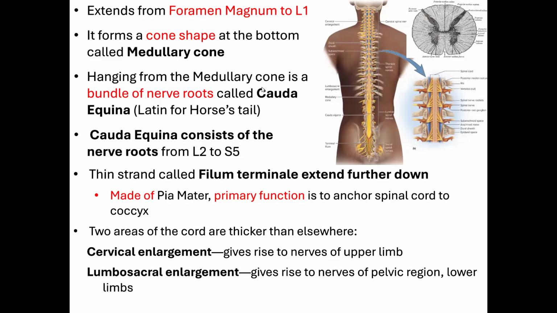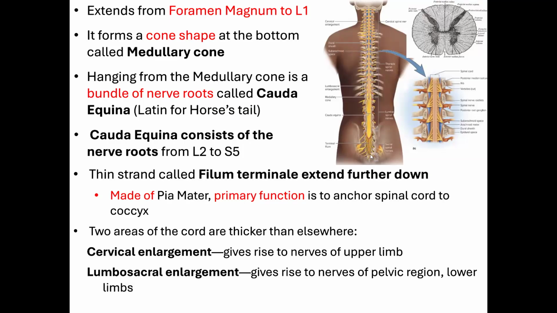Cauda equina means horse's tail. So it's like a horse's tail. All the nerves are coming out, but it's not like the spinal cord. So this is a cauda equina. But that doesn't mean it's just flapping there. It is actually connected right down to the coccyx.